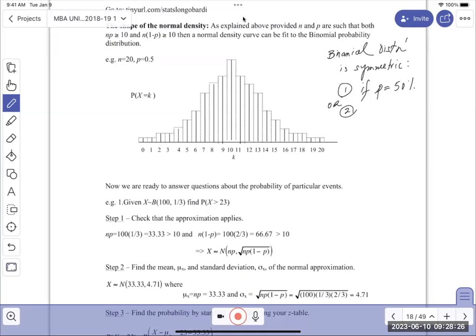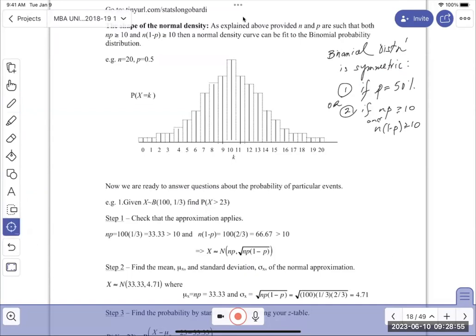So the binomial distribution is symmetric in shape if the probability of success is 50%, or if n times p is greater than or equal to 10, or n times 1 minus p is greater than or equal to 10. So mostly I explained to you the theory, or where the theory comes from.